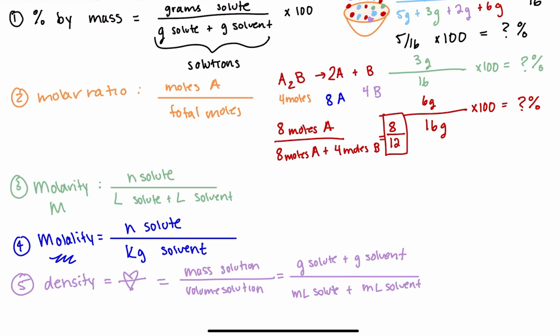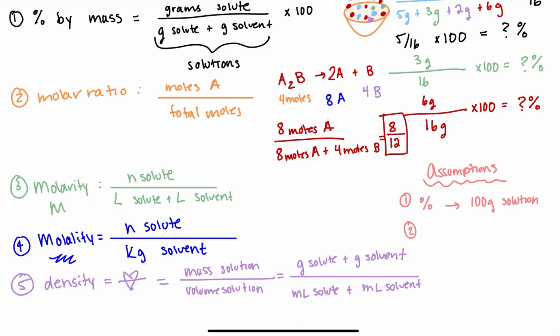There's two different types of assumptions you can make, and some of them are best fit for certain conditions or based off of what's given to you in a problem. For instance, whenever you're given a percentage of sorts, it's best to make the assumption that you have 100 grams of your solution, right? 100 grams total of your solvent and your solute together. So that's the first assumption you can make.